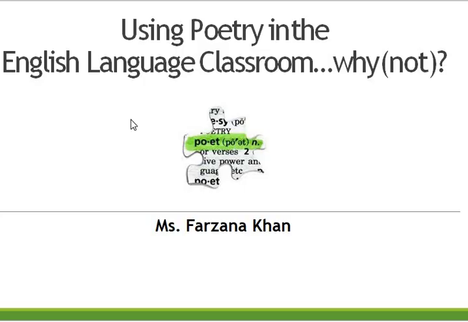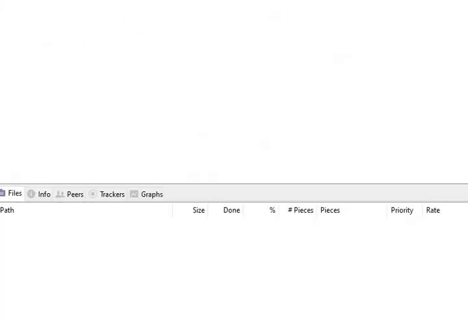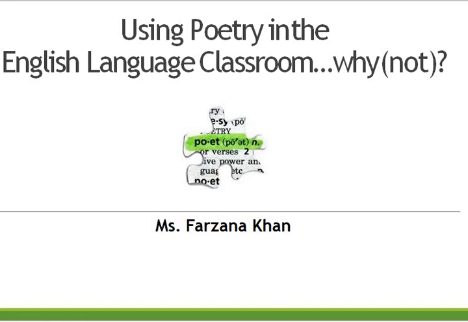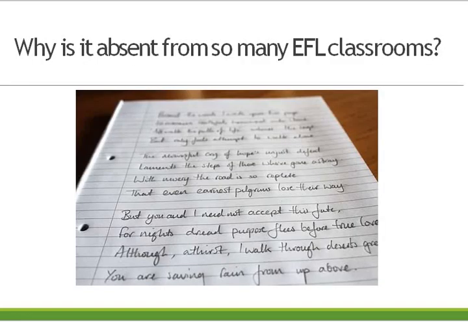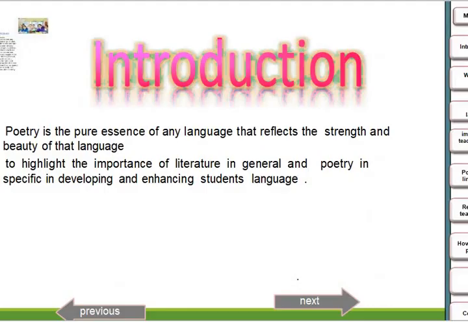Not only this, you can use poetry in the English language classroom for developing speaking, reading, writing and listening skills of the students, because poetry is the pure essence of any language that reflects the strength and beauty of that language.